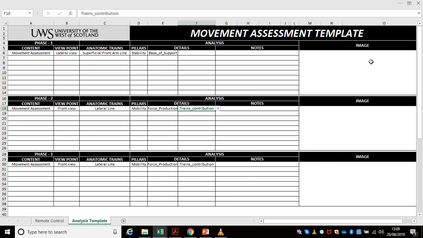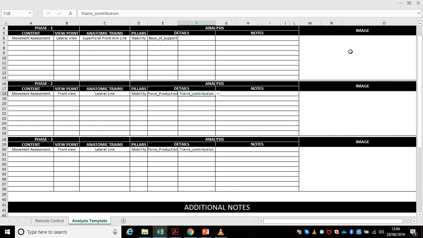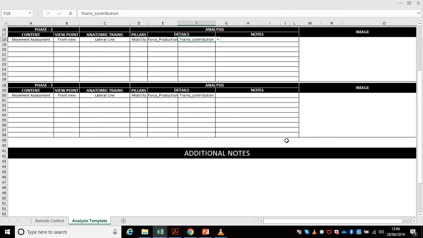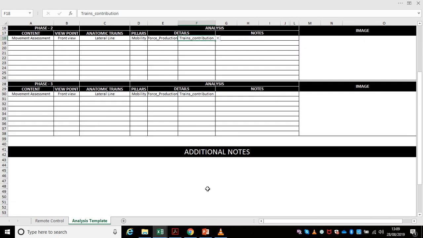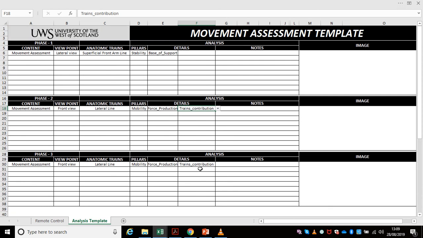And in the right side you have room for attaching images, probably the same images I've recently showed you during the movement analysis, just to highlight the main key phases of the movement task to be analyzed. And finally, you can also add additional notes, as complementary notes in addition to the main analysis.